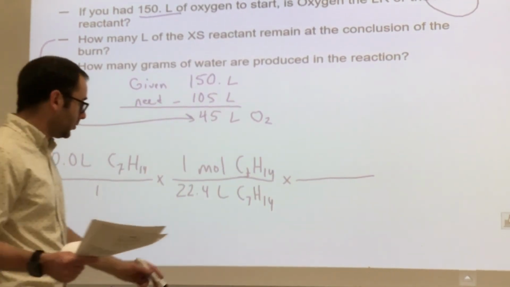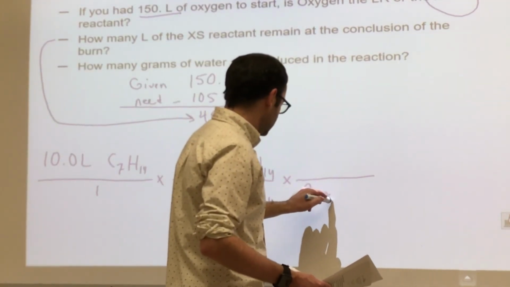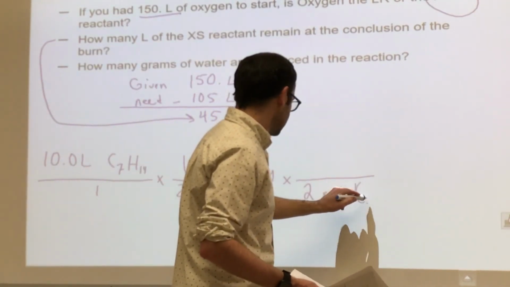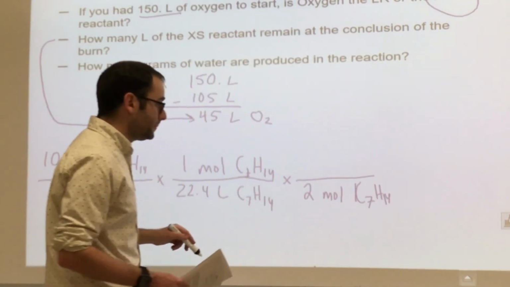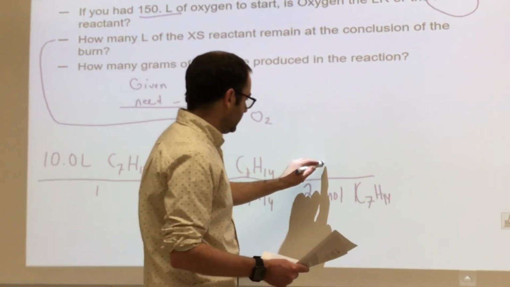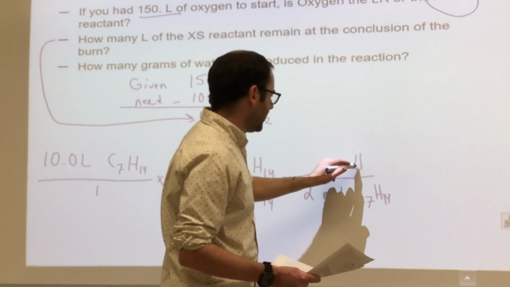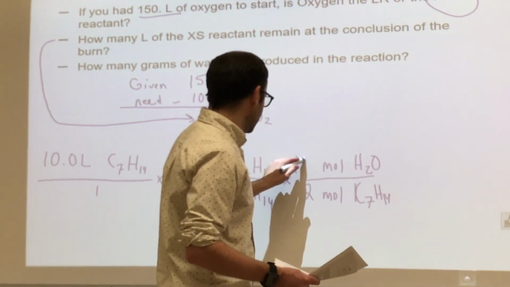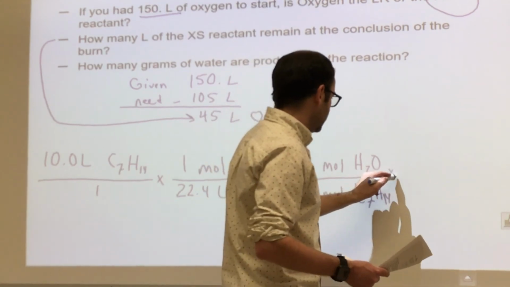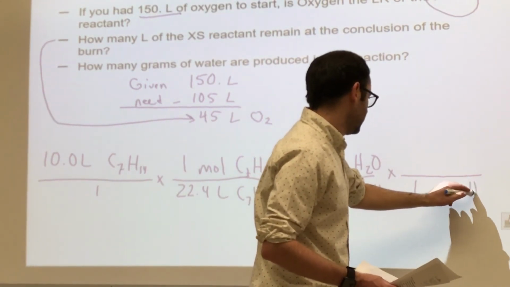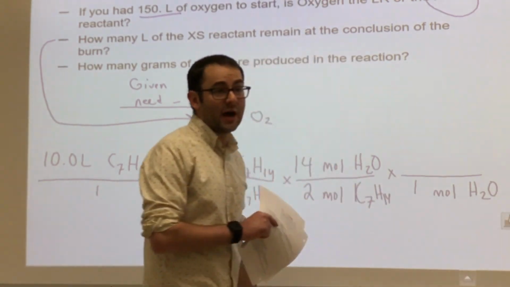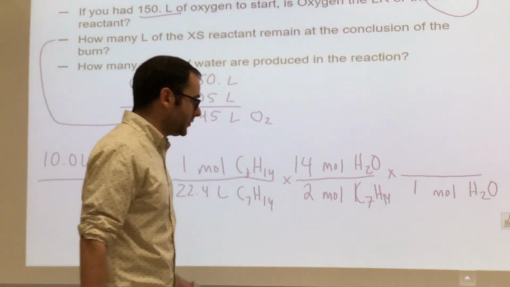Yeah, 2 moles of heptene, C7H14. What's going to go on the top? Good. We're going to have moles of water. How many? It's 14, right? 14 moles of water. All right, and we want grams, so we'll put 1 mole of water on the bottom. And then what goes on the top? Yep, 18.02, right?